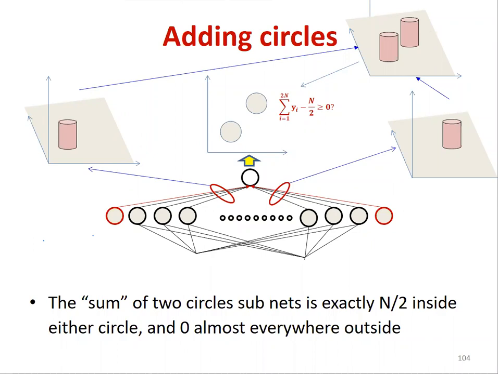Just the sum of the two cylinders. That's it, right? Because this bunch of neurons produces n/2 inside this cylinder and 0 outside. This bunch of neurons produces n/2 inside this cylinder and 0 outside. If I sum their outputs, where you have this cylinder, this guy produces a 0. Where you have this cylinder, this guy produces a 0. So the sum is going to look like this, right?